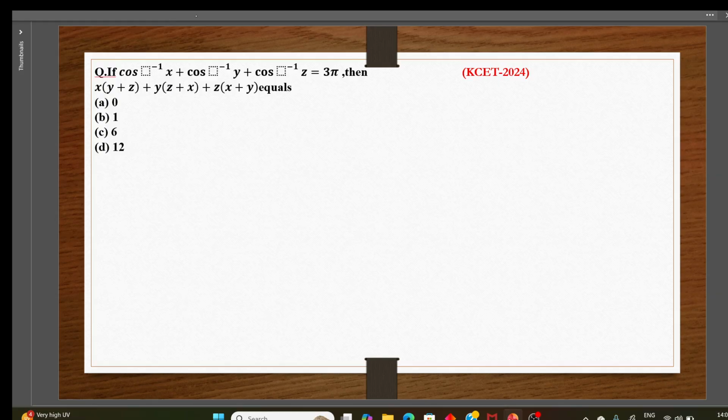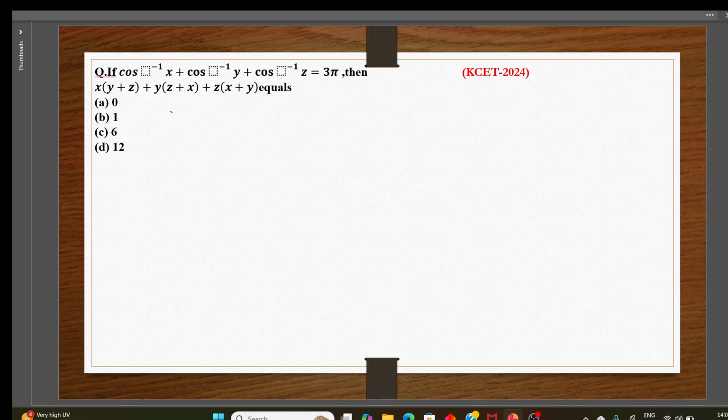Next question. Cos inverse of x plus cos inverse of y plus cos inverse of z is equal to 3 pi. Then x into y plus z, plus y into z plus x, plus z into x plus y equals to what? Here is one shortcut method using the substitution method. First consider this equation: cos inverse of x plus cos inverse of y plus cos inverse of z equals 3 pi.